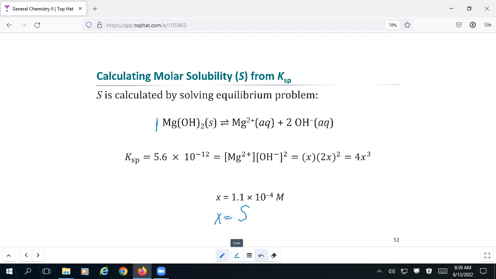So the more we have to divide it, the bigger our root becomes, the more of an impact it's going to have on the value. So there are going to be occasions where we have to use 5% approximations. And if that is the case, we just have to be really careful and make sure that we've got a really big disparity between the value of the concentration and the value of K.